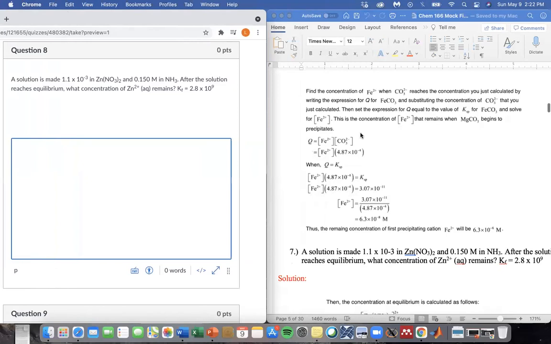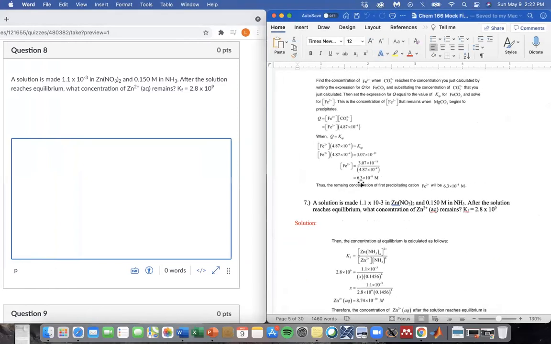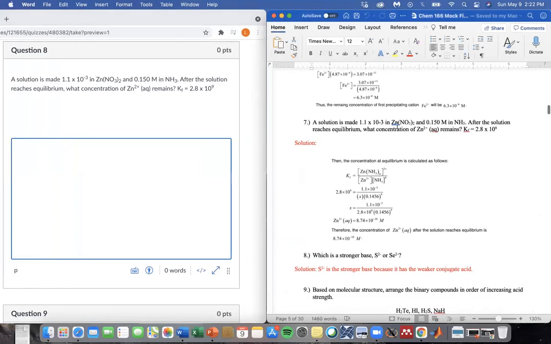We went over this in the review last night, but I'll go over it again really quick too. The whole idea here is that your Kf expression is going to be the zinc NH3 4 2+, and you're just told that that is your complex ion.